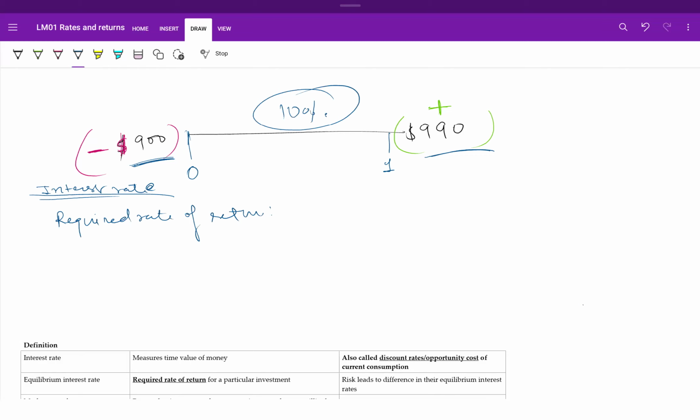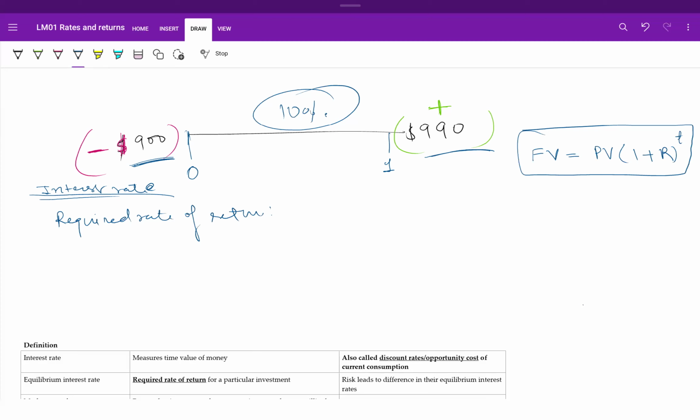We have done this formula in our elementary schools: future value equals present value times 1 plus r to the power t.